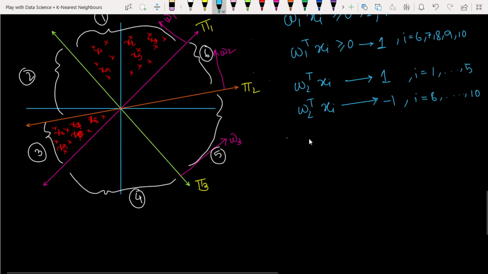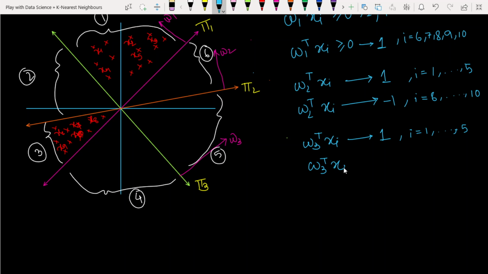Now consider w3 plane. w3 transpose xi will be what? If i is from 1 to 5, then the same directions, so this value will be +1, where i is equal to 1 to 5. And the w3 transpose xi will be what?